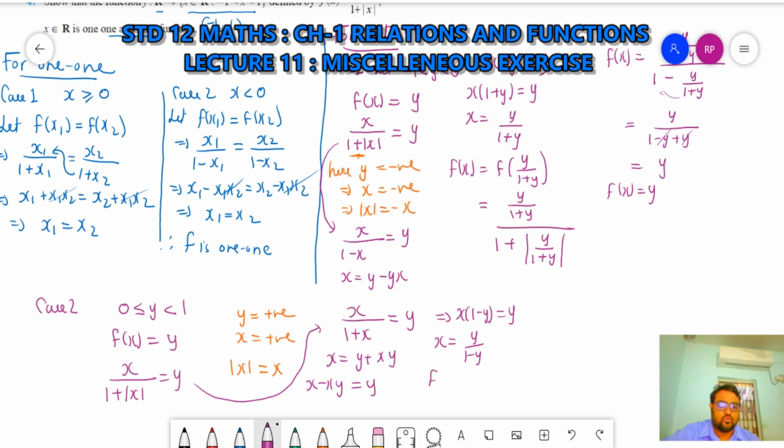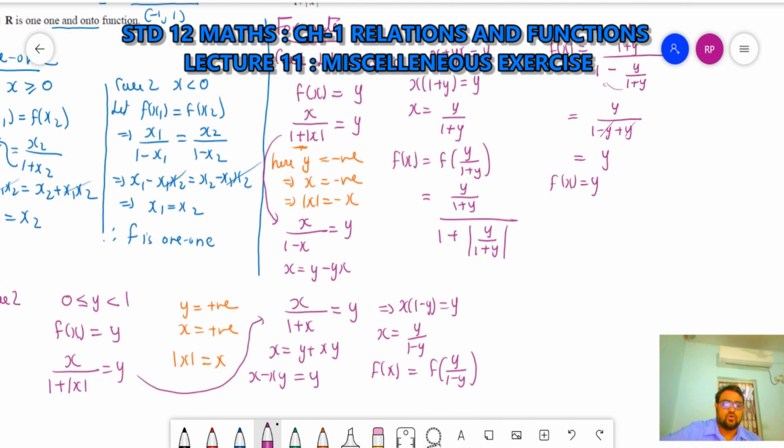Now when I put it in f(x), I will get f of y upon 1 minus y, which will be equal to y upon 1 minus y, upon 1 plus modulus of y upon 1 minus y.